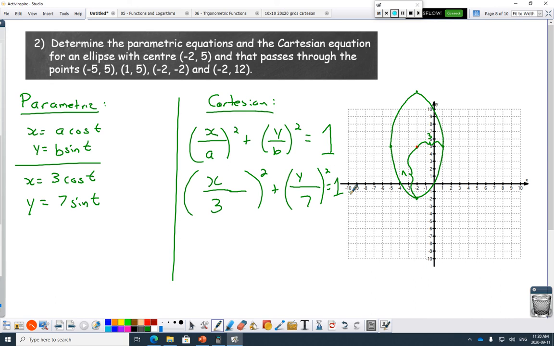Yeah, the center got moved. So in the Cartesian, it does what we're used to, which is crazy, the fact that we use the opposite numbers here. The center's at -2, so I put a +2 here. It's been moved up to 5, so I put a -5 here. That is crazy, but we're so used to it, we think it's normal. But the parametric doesn't have those kinds of problems. You want the circle to be 2 less on the x, you just go -2.